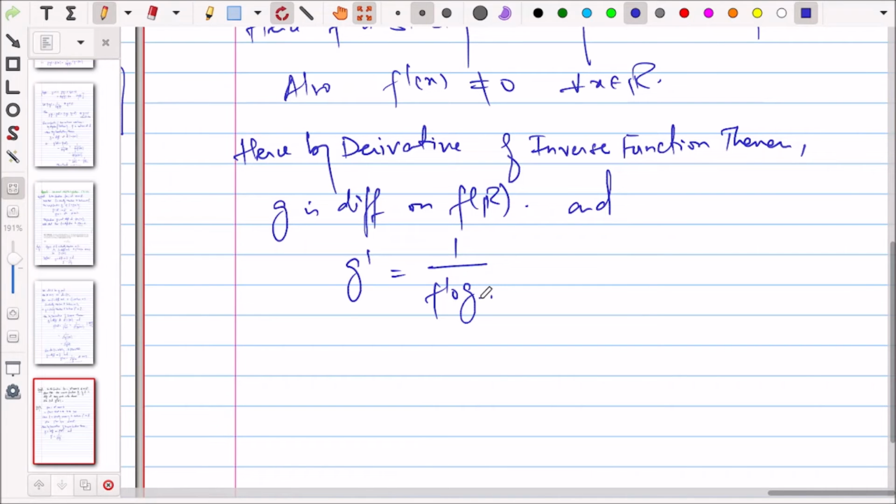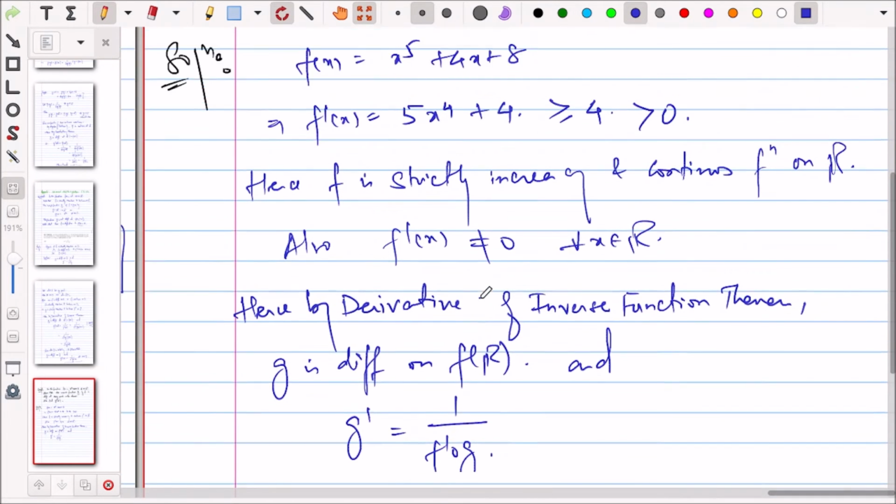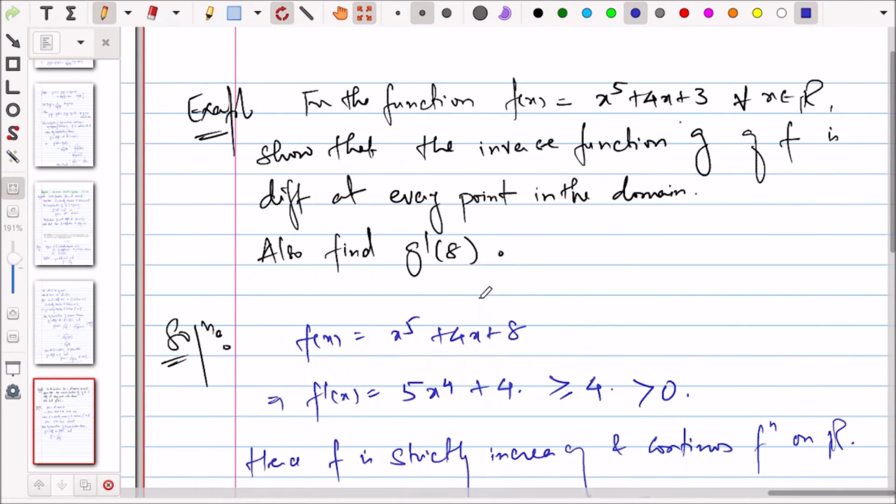Yes, sir. Now what do we have to do? Now we have to find this g dash of 8. So basically this is our f of c.